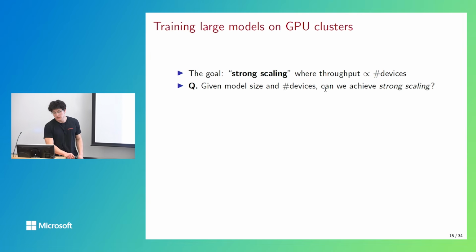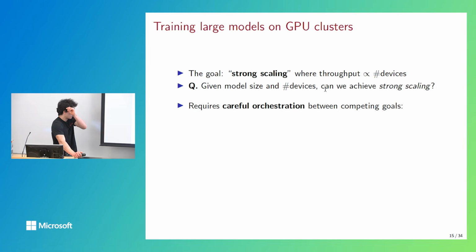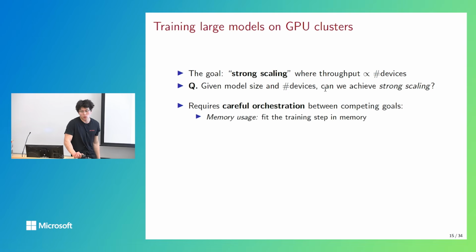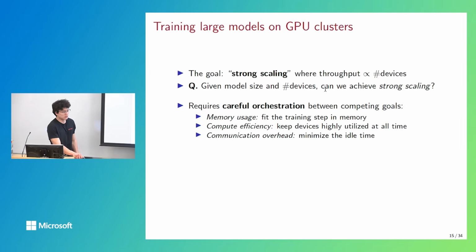So the very important question here is, given the model size and the number of devices, can we achieve this strong scaling? It turns out it's not a trivial question. It requires a lot of careful thinking and careful orchestration of various competing goals, such as memory usage, compute efficiency, and communication overhead.